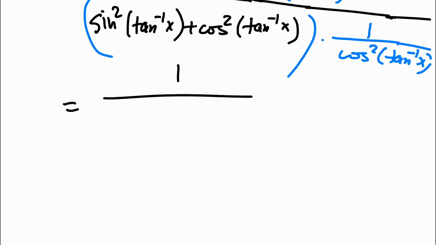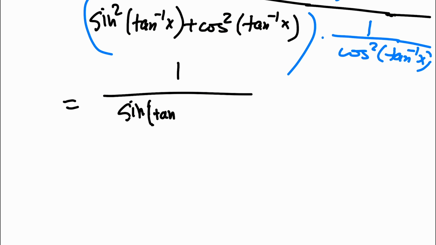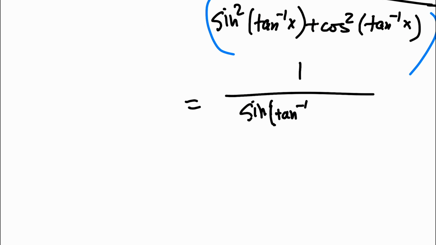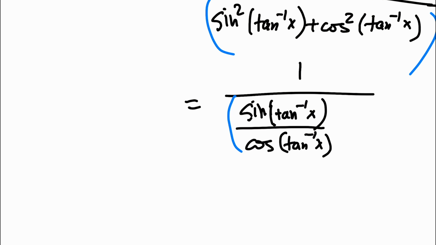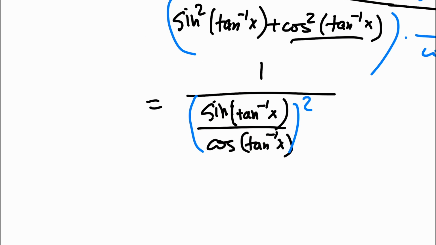So that will be sine of the tangent of negative 1 of x over cosine of tangent of negative 1 of x, that thing squared, plus just this thing times this thing, so that's just 1.